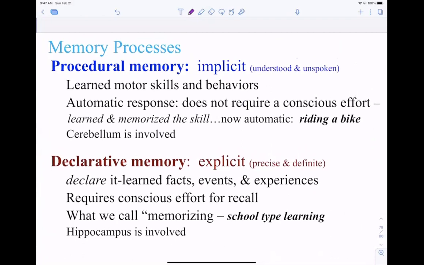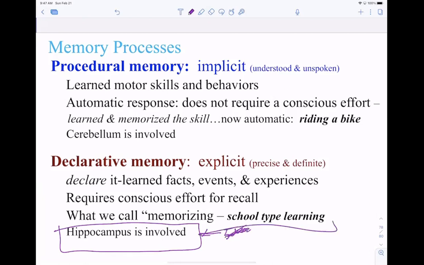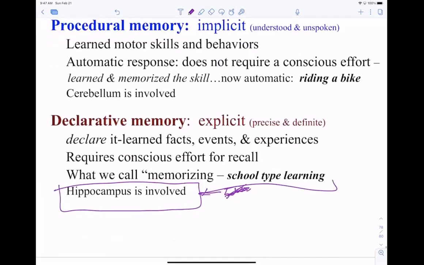Declarative is more school type explicit memory, where you have to recall facts, events, languages, memorizing things. And this is where the hippocampus is involved in declarative, right? So school type memory. Whereas procedural memory is more motor, learned, cerebellum is generally involved. And so there are different types of memory.